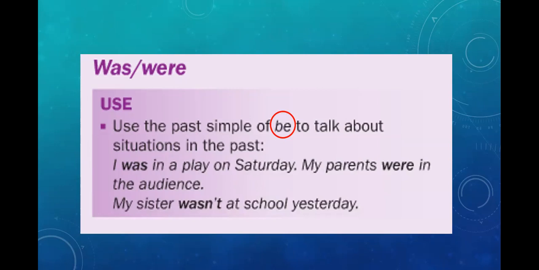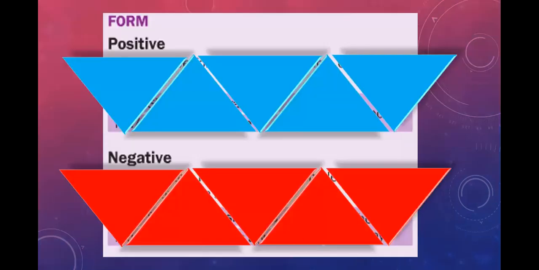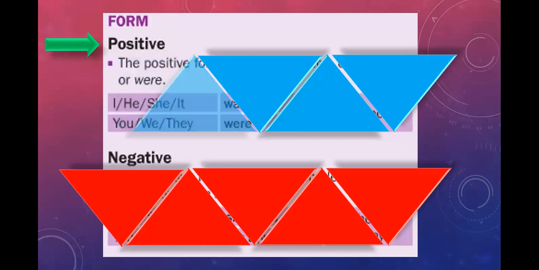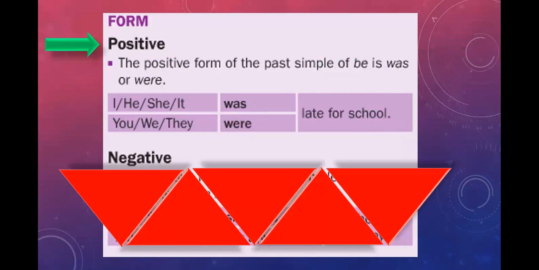So, in the form, as we said with the previous slide, in positive, we have the positive form of the past simple of be being was or were, okay? And here we have it visually, the pronouns that are used with either of these two forms of the verb be.